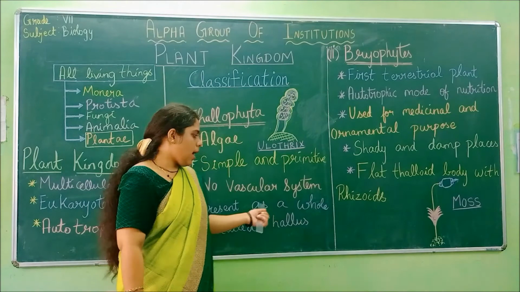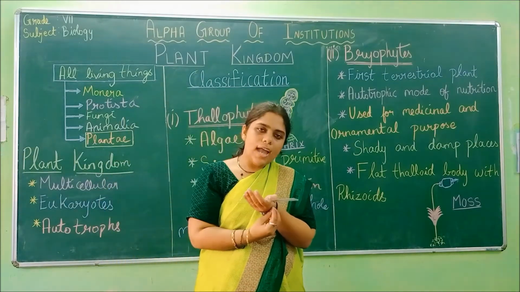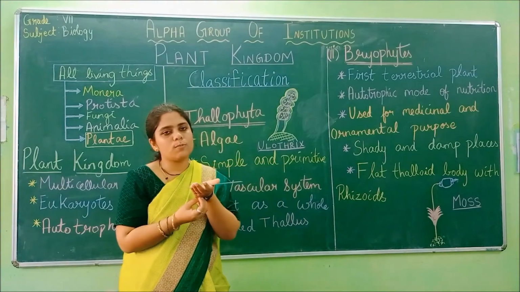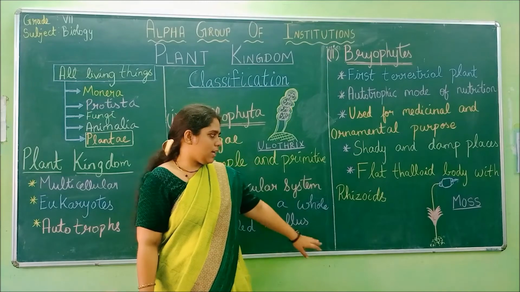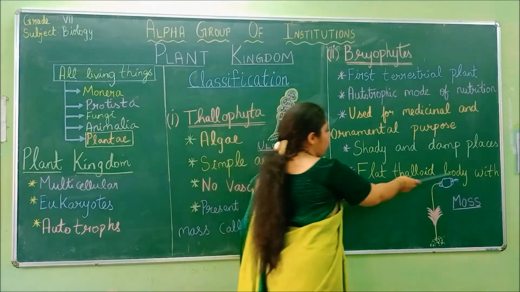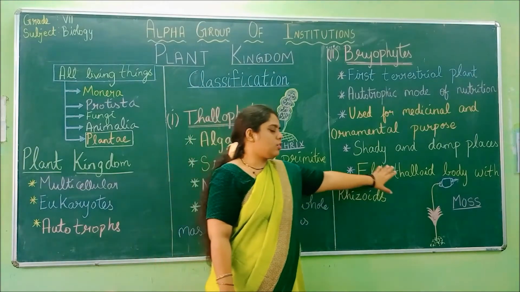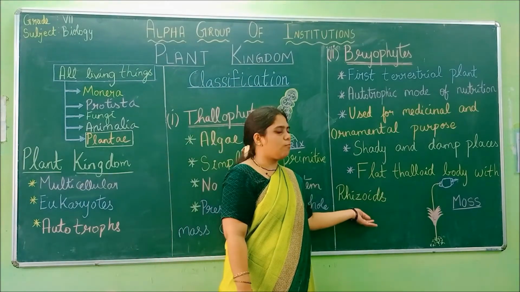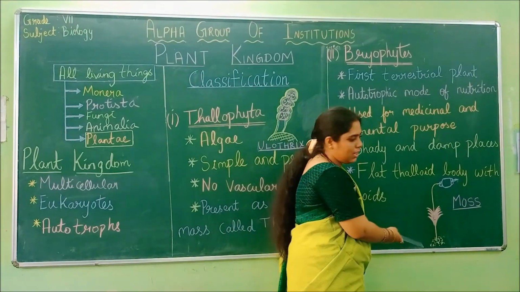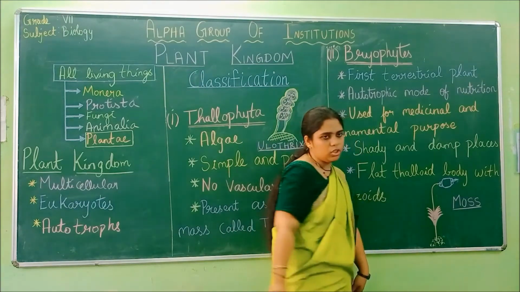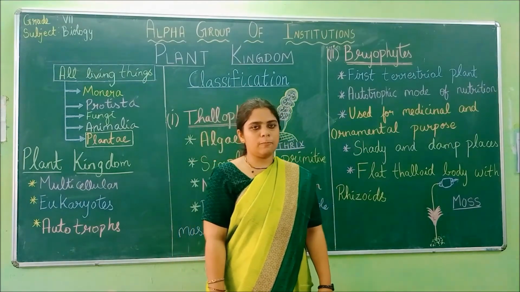Before we saw a whole mass, but here a flat thalloid structure and rhizoids will be present. Small root-like hairs will be present, and those are called rhizoids. Bryophytes will have such a structure. The body form will be like this. Example, moss. Here you can find the rhizoids and a flat structure. So these are the characteristics of bryophytes.